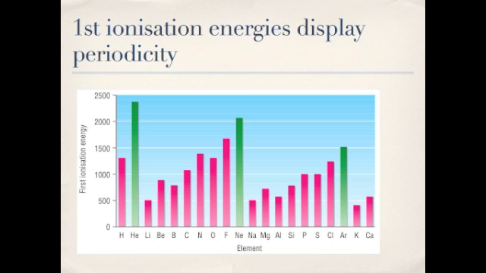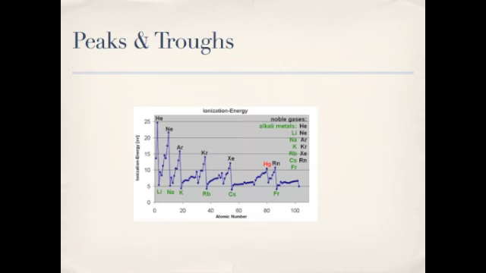Now if you focus on the green columns, they would represent the noble gases, and they stand out as being the ones with the highest ionization energies. Now there also is a visible trend as you are moving along a period from left to right before you hit the noble gases, that there is an upward trend, and it generally increases until you get to a noble gas, and then it goes right back to a lower ionization energy at the beginning of the period where we find the alkali metals.